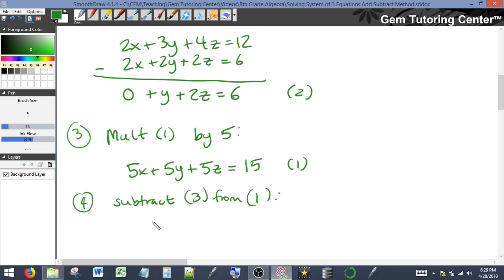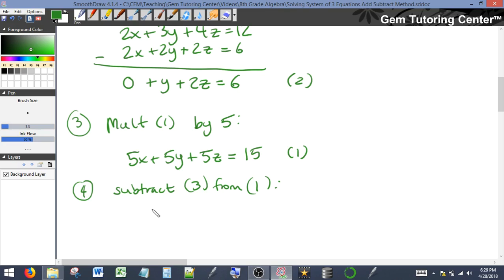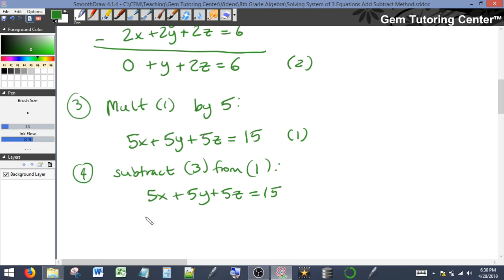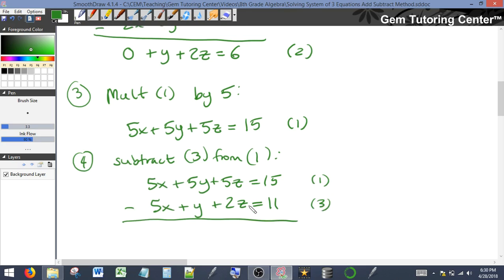First I'm going to write down our modified equation 1, which is this. And I'm going to write the other equation under it, which is 5x plus y plus 2z equals 11. So this is equation 1 and this is equation 3.